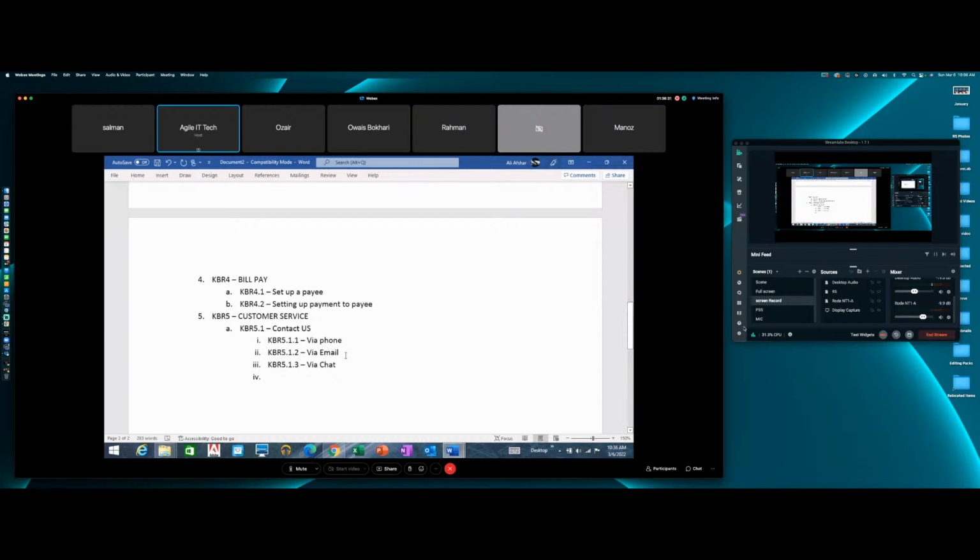What else? Which other way? 5.1.4, which is... how else can we get a hold of them? Via Facebook, Twitter, right?